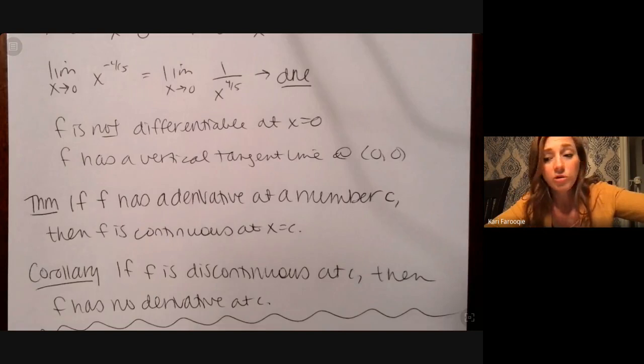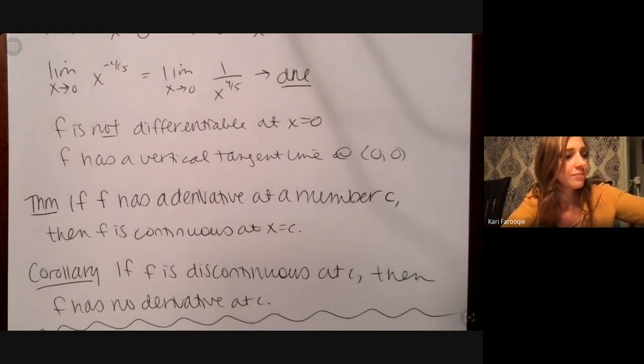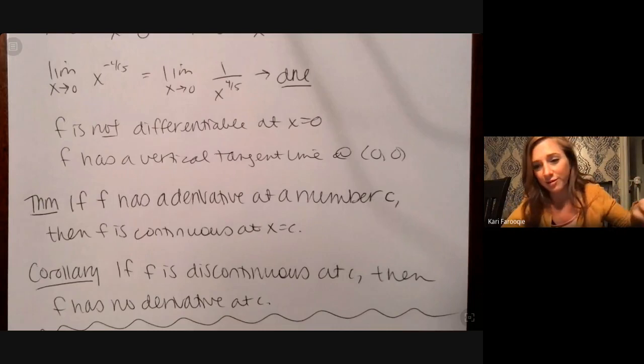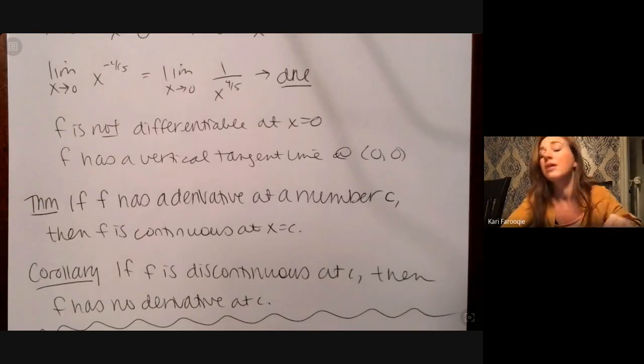And chapter 2 is going to fly by you. 2.5, I believe, is trig functions. And then you have another test. It's on the schedule. It might even be next week, Thursday. I would have to verify on the schedule.